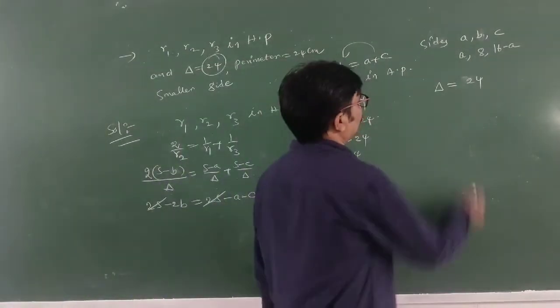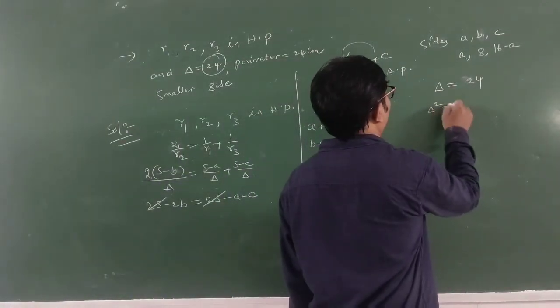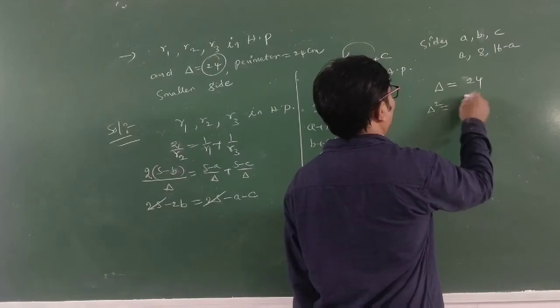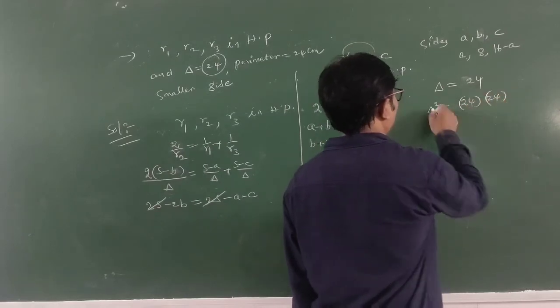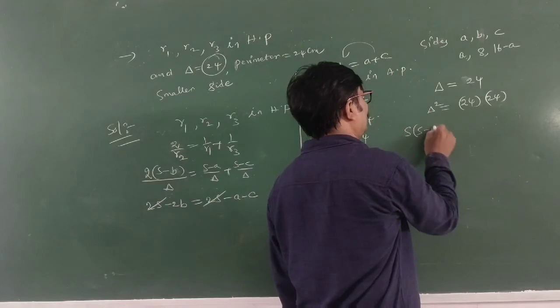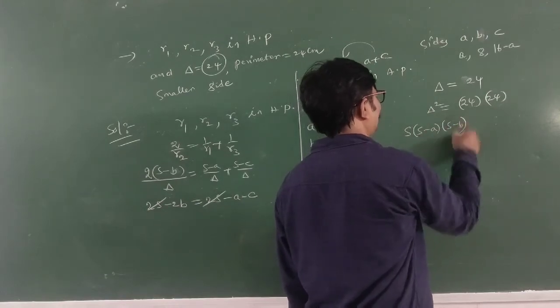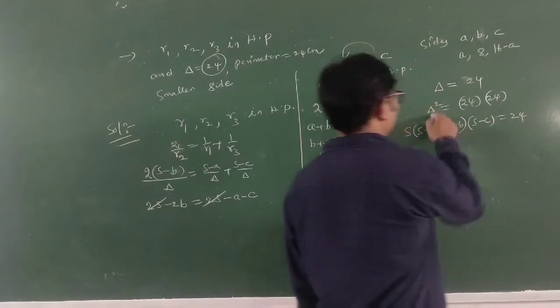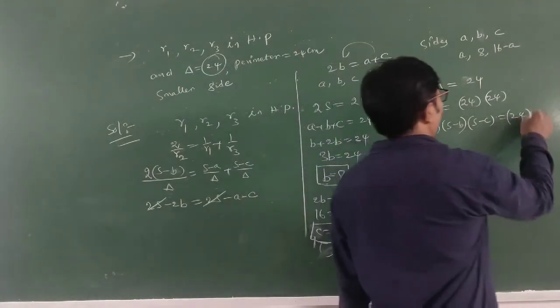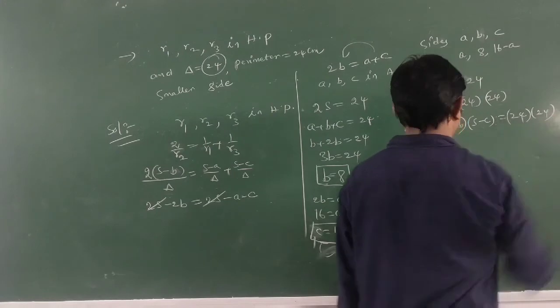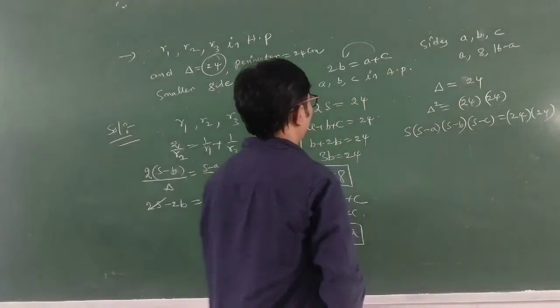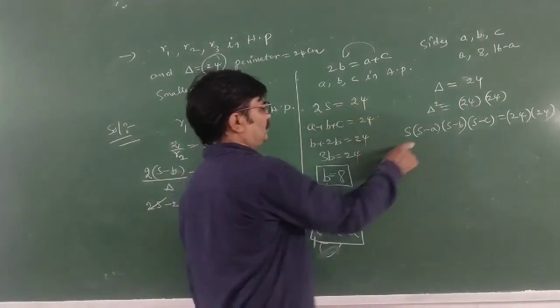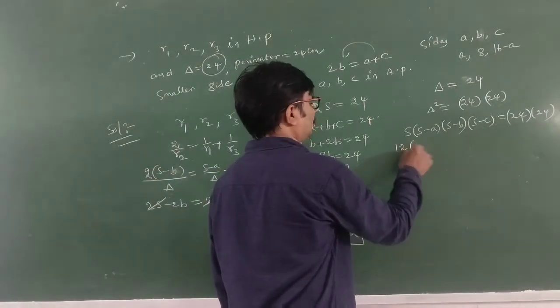So now we can write delta square equal to 24 into 24. Delta square is S into S minus A into S minus B into S minus C. That is 24 into 24. My dear students, what is S? 2S is 24, S is 12.